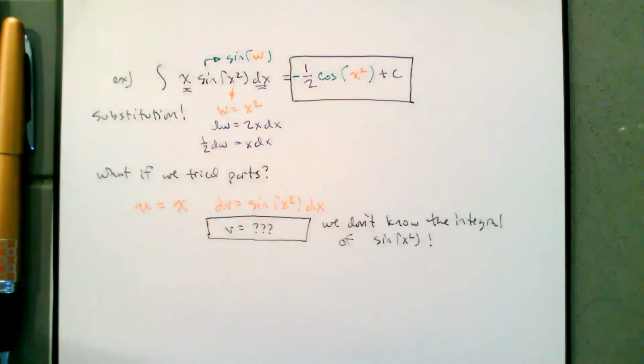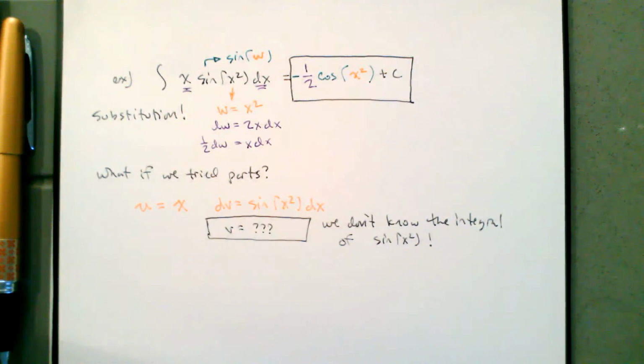We know the integral of x sine of x squared because we can do substitution, but we don't have the integral of sine x squared. That's the first indication that something has gone wrong. Or actually, that's the second one. We missed the substitution. We didn't see the first thing that went wrong.